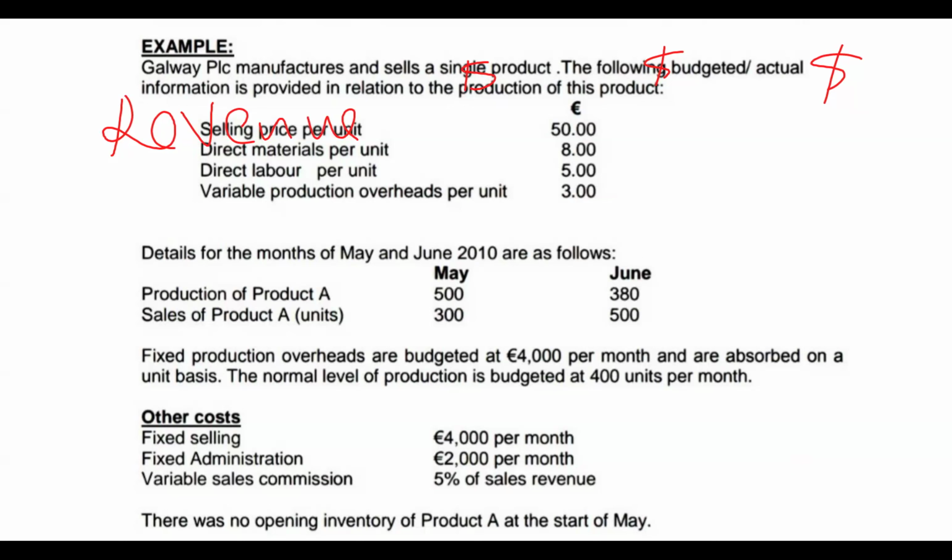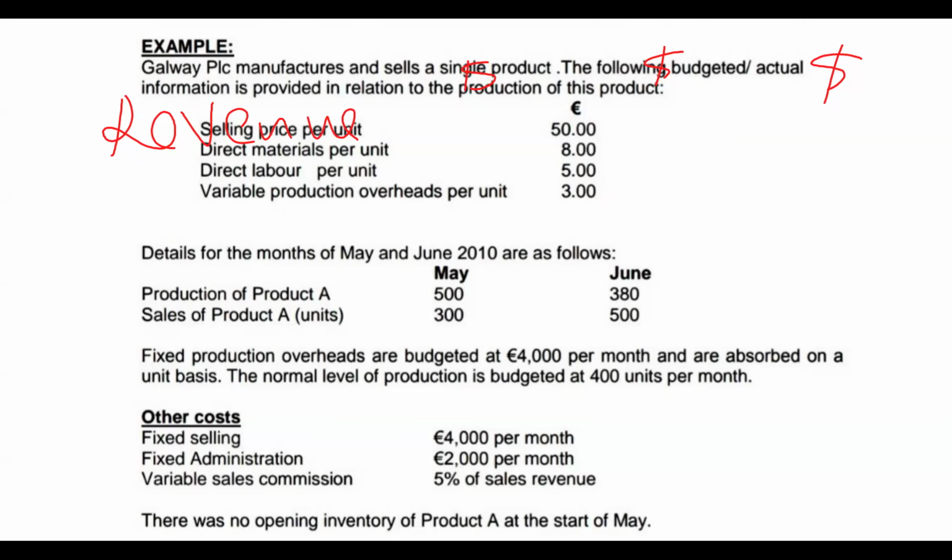What do you find as the revenue? 19,000. Is everyone finding the same?